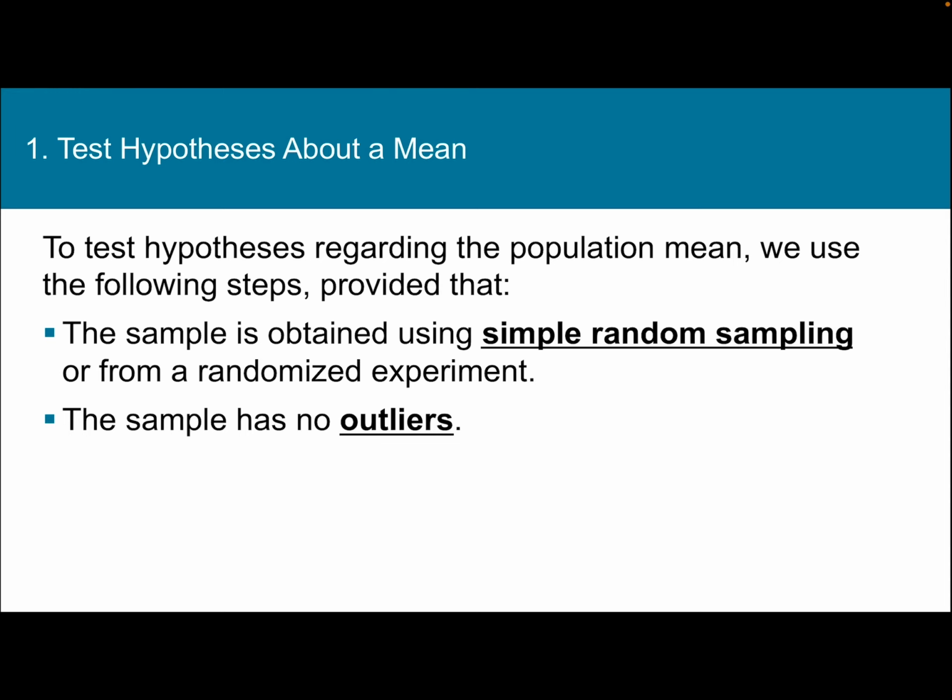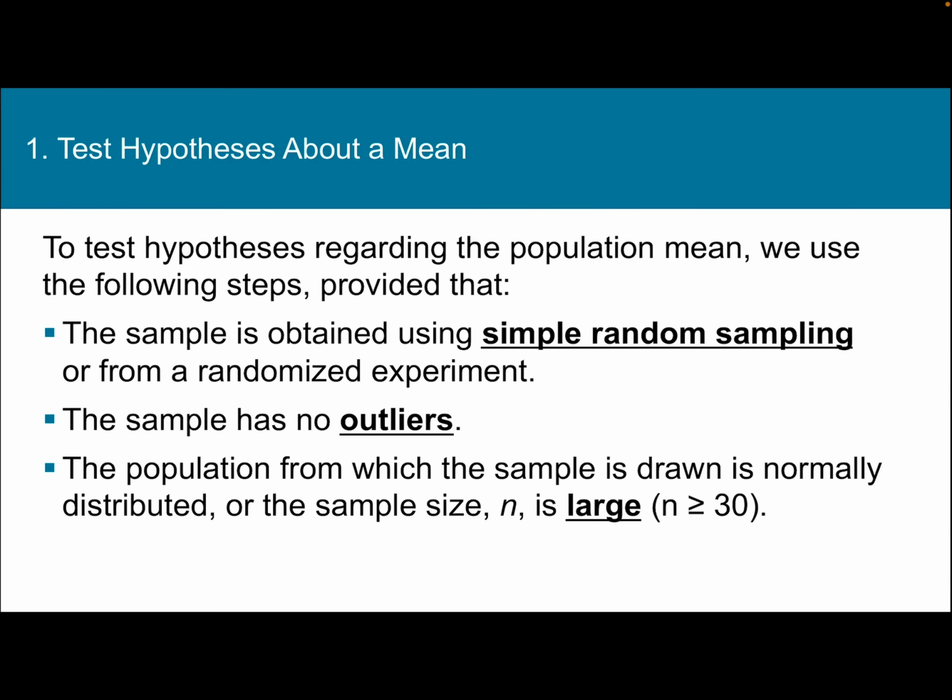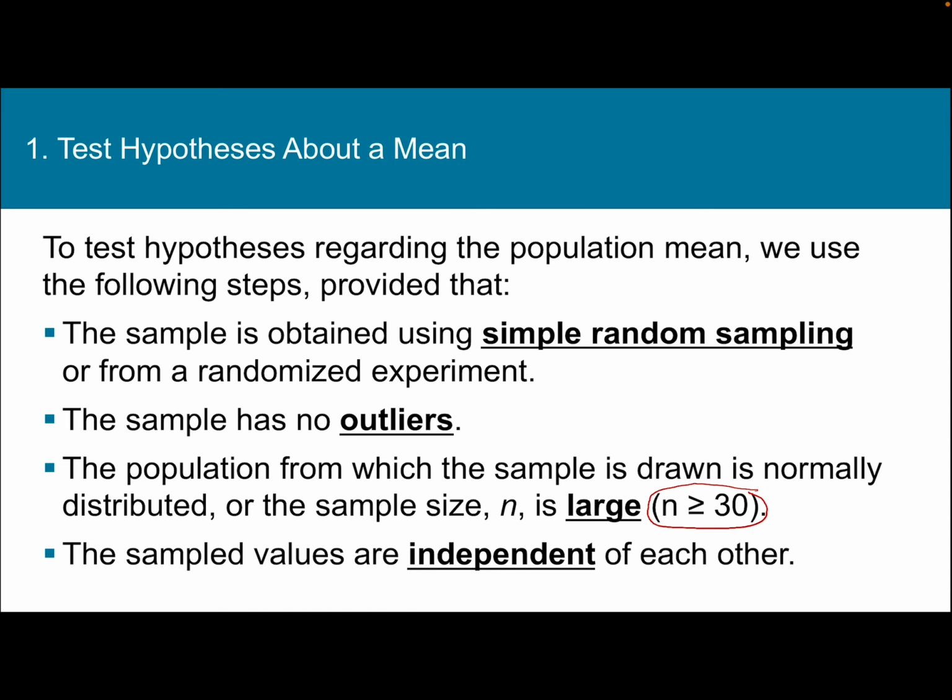And we also need to have either a normal population or that large sample size. Remember, 30 is our magic number, and make sure that that inequality is correct in your notes. So our sample size has to be 30 or more. And last, our values are independent of each other. This means they do not affect each other.